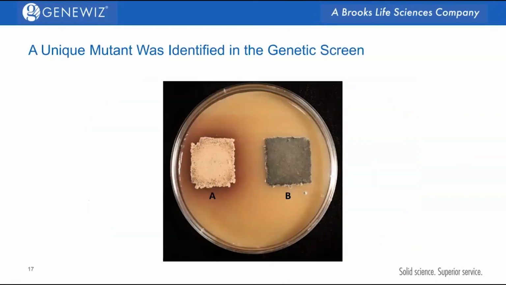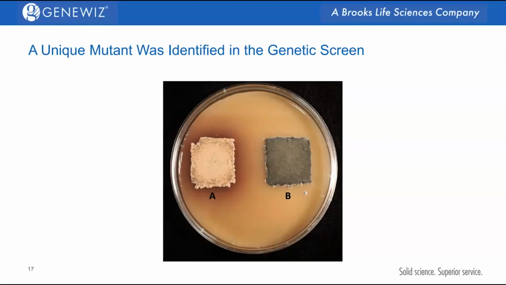And not just cercosporin, there was one particular mutant which actually stood out in the screen, and this mutant that I have labeled A was really white in colony morphology.